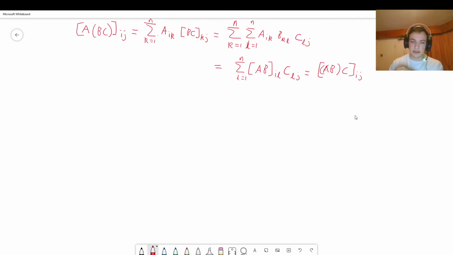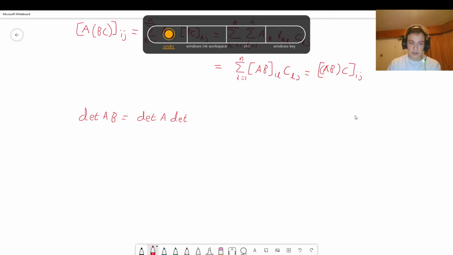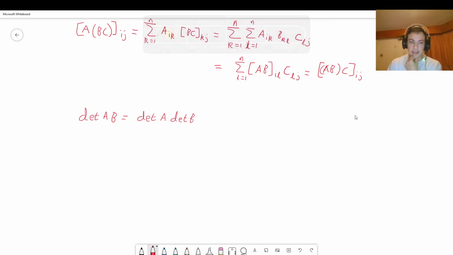Then we also have that the determinant det(AB) is equal to det A det B. That's a property of the determinant that you can learn in linear algebra, and so that means that first of all, det A is equal to 1 if A is in the special linear group, and the determinant of the identity is equal to 1.